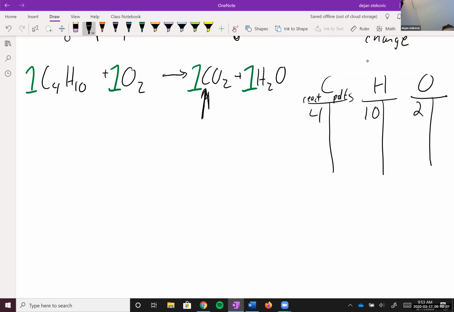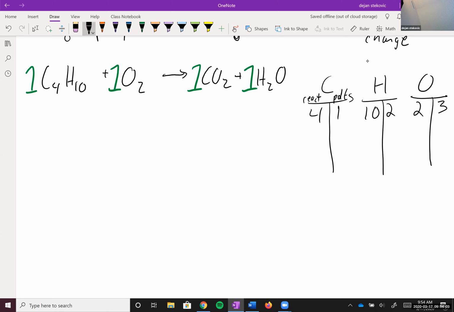So here we have 1 carbon. We have 2 oxygens from here. And then we have a 3rd oxygen right here. So in total, we actually have 3 oxygens on the product side. And then we have 2 hydrogens from this water on the product side. So as you can see, none of these are balanced.